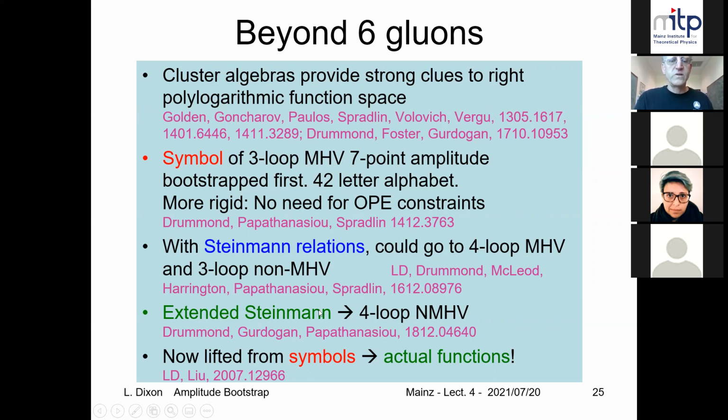And then including also the extended Steinmann relations, the 4-loop NMHV could be bootstrapped. Now, this original bootstrap was done at the level of the symbol. And then last year, my student Andy Liu and I were able to lift the symbols to actual functions.